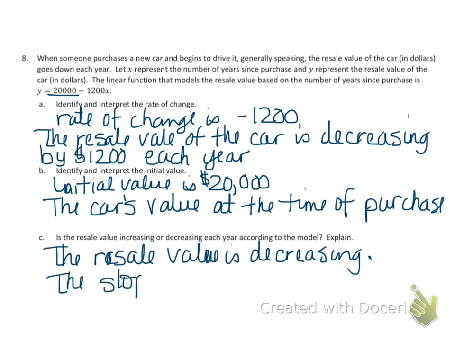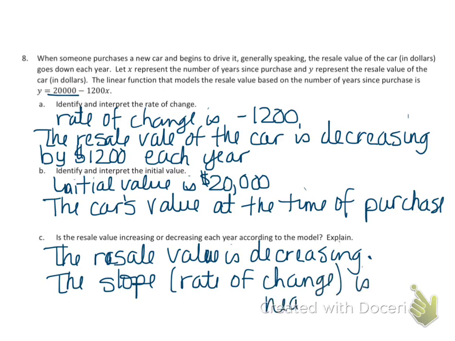The slope of this line, the rate of change, is negative. Because the rate of change is negative, the resale value is decreasing. Now, if you got this backwards, if you put $20,000 for the rate of change and negative $1,200 for the initial value, it's because you weren't paying attention to which one was the coefficient of X.